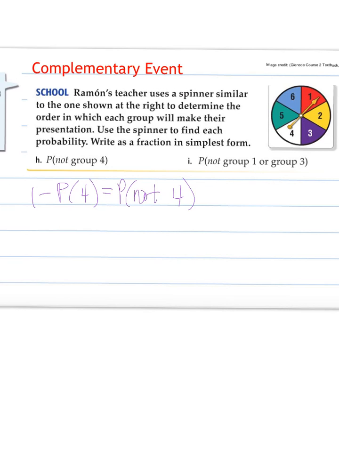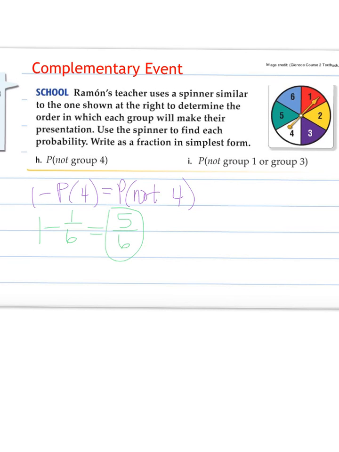The probability that they would pick 4 is 1 out of 6. So if we take 1 minus 1 out of 6, do our subtraction. That's 5 sixths. So the probability of not group 4 equals 5/6.